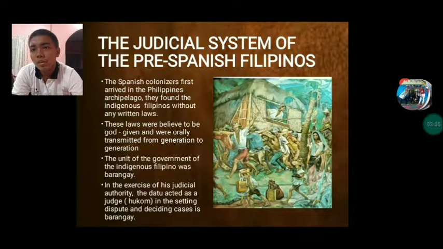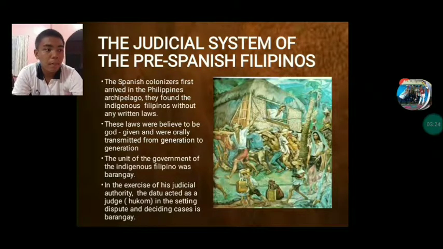So let's proceed to the judicial system of the pre-Spanish Filipinos. When the Spanish colonizers first arrived in the Philippine archipelago, they found the indigenous Filipinos without any written laws.